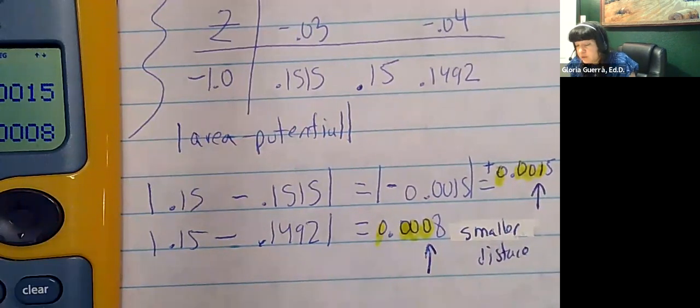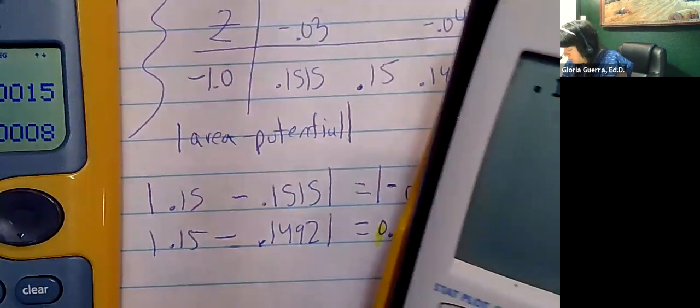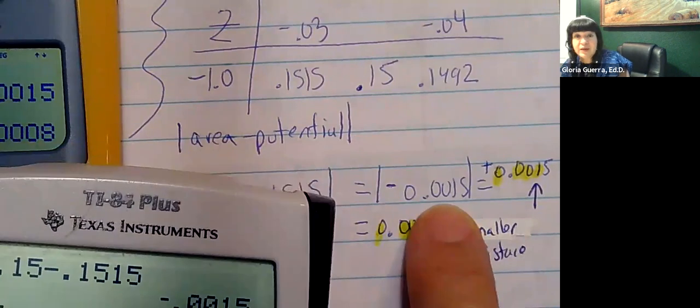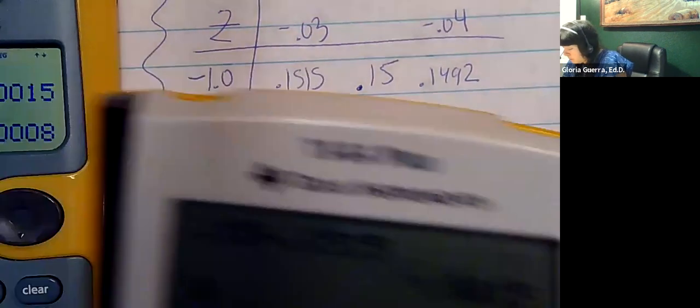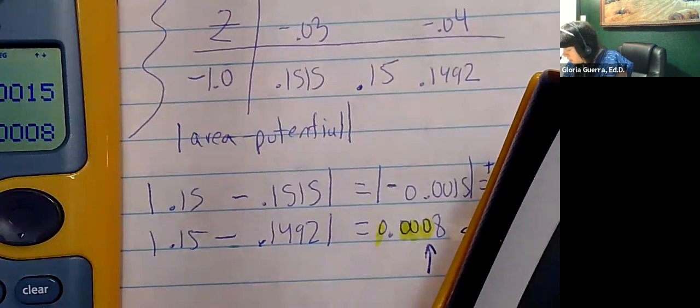Again, I like to use a basic calculator, because when I use the graphing calculator, if I do 0.15 take away 0.1515, that didn't give me scientific notation. I just had to take the absolute value of that, which gave me this. Let me do the other one. 0.15 minus 0.1492.